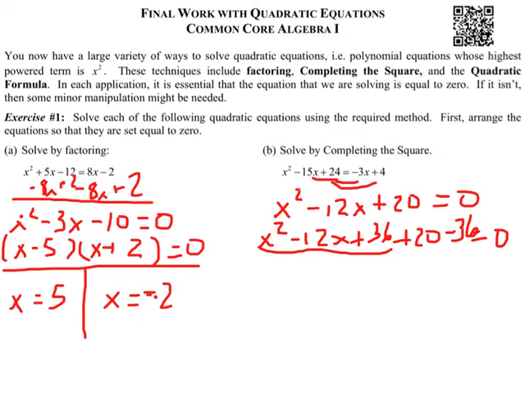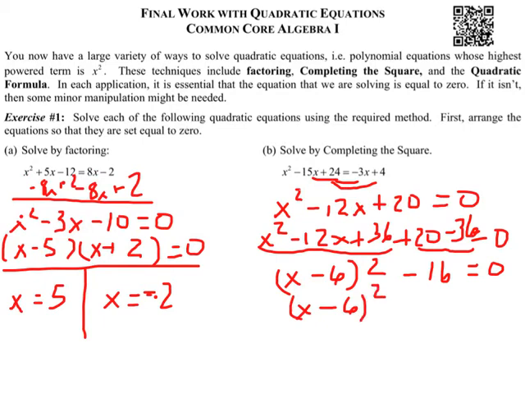These guys, once again, are x minus 6 squared. And these two turn out to be a negative 16 equals 0. Okay? Bring the 16 to the other side. You get x minus 6 squared equals 16. Change the colors here. I'm going to take the square root of both sides. Don't forget plus or minus over here.